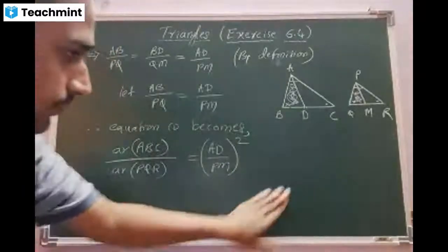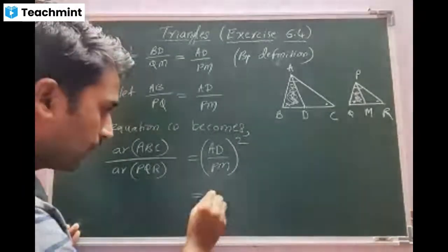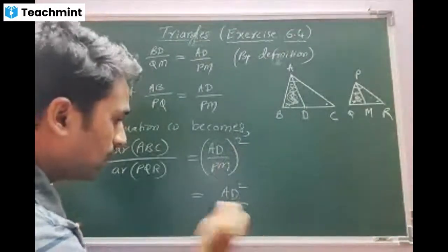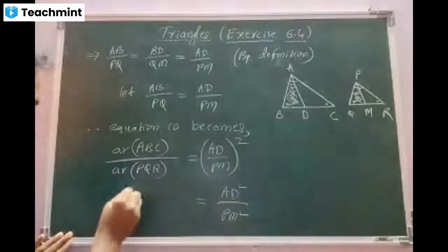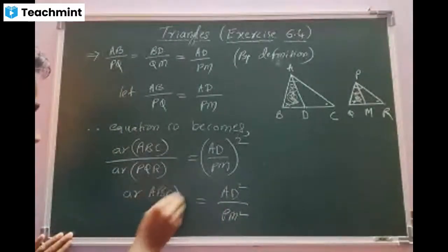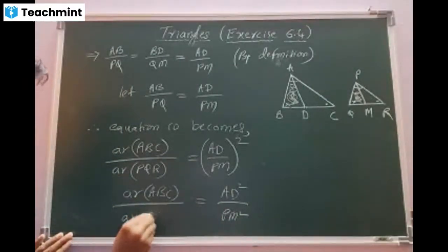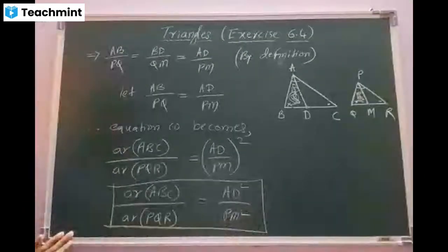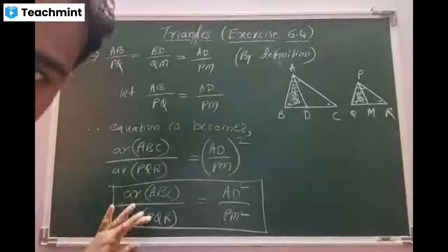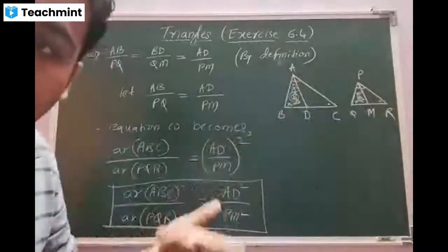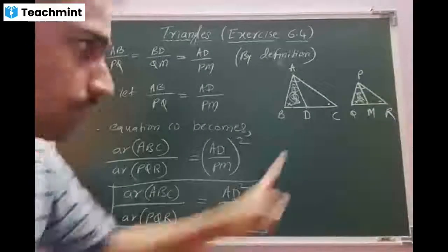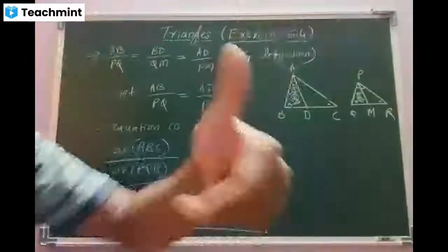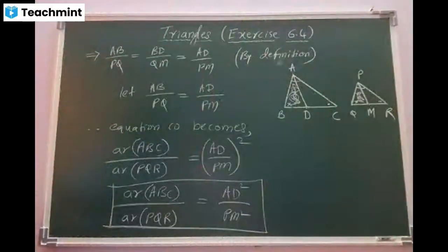Correct? Now, beta, open the bracket: AD square by PM square. So this is what we are going to prove. Look at this: the areas of two similar triangles are proportional to the squares of their respective medians, corresponding medians. Am I right?